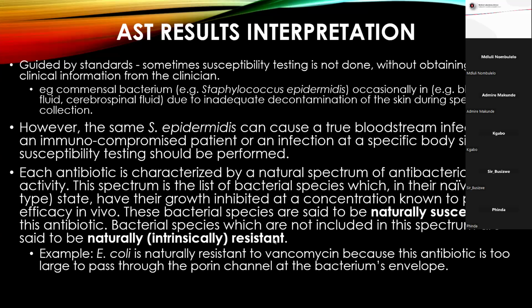Then intrinsic resistance, those are organisms which at any point were never susceptible. They have a natural gene or a mechanism within them. A typical example is E. coli and most gram-negatives, which are naturally resistant to vancomycin.